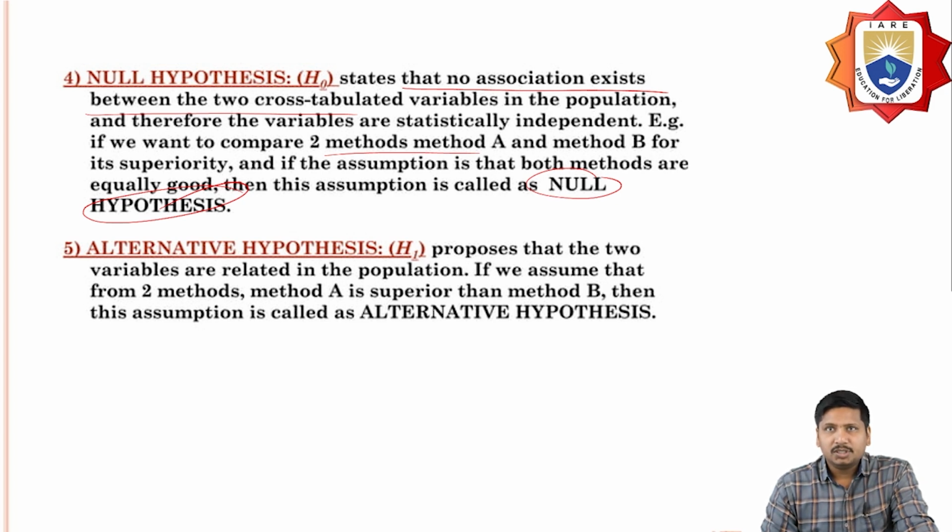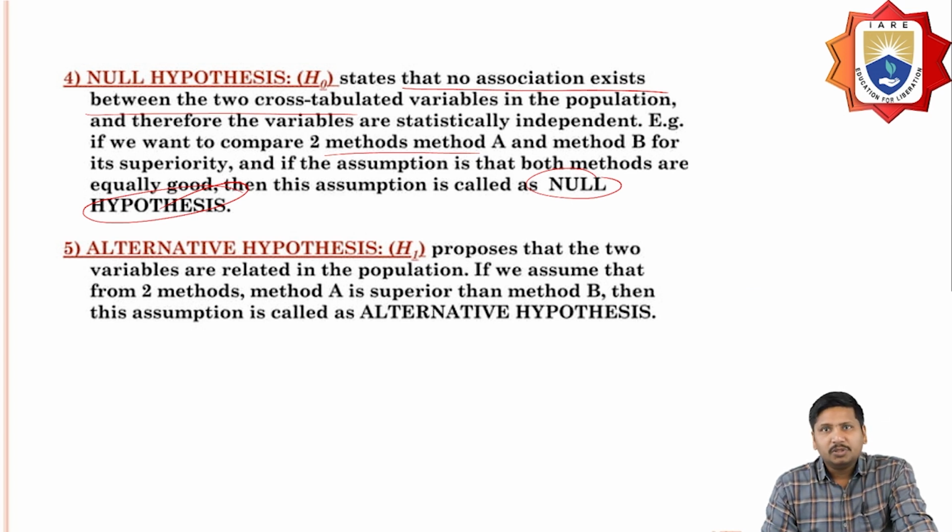Suppose I want to compare the two methods A and B for superiority, the assumption is that both methods are equally good, and this assumption is called the null hypothesis.